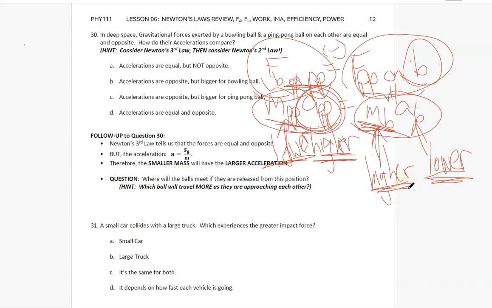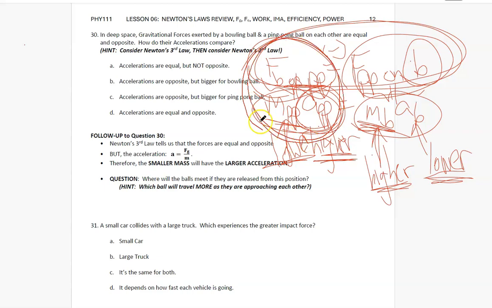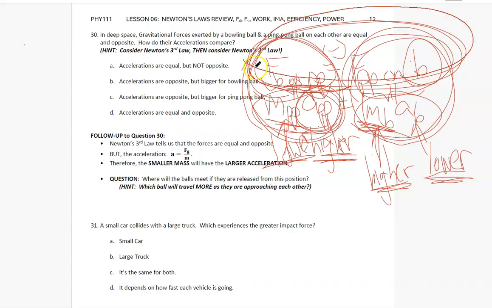So this is an interesting situation where you're taking Newton's third law and combining it with Newton's second law. Remember, the second law says a net force on an object is equal to the mass times its acceleration. And Newton's third law says two forces between two objects, where the forces are on each other, those forces are identical.